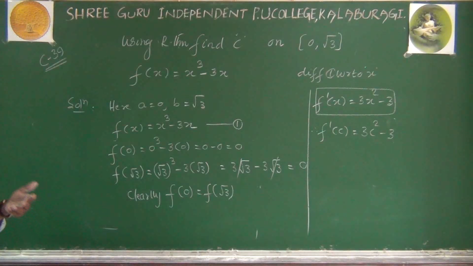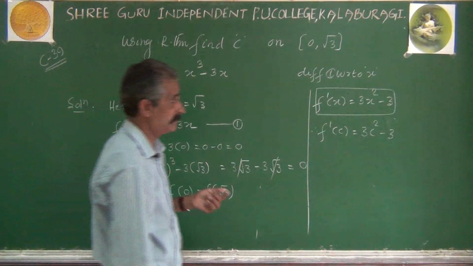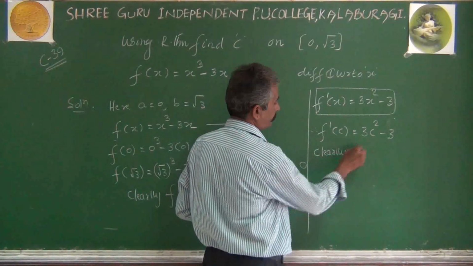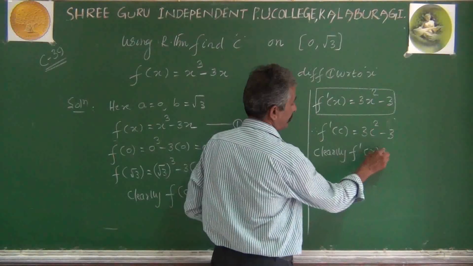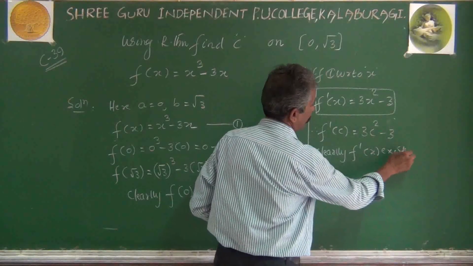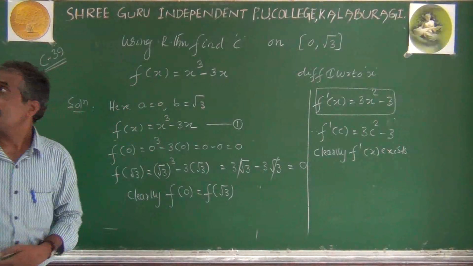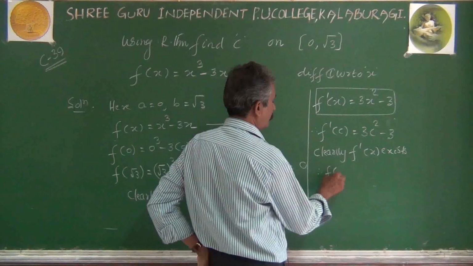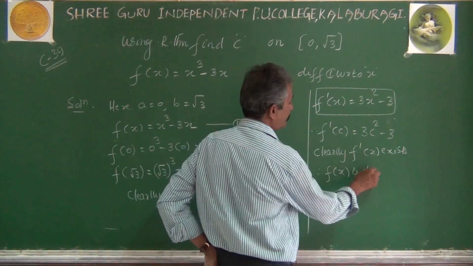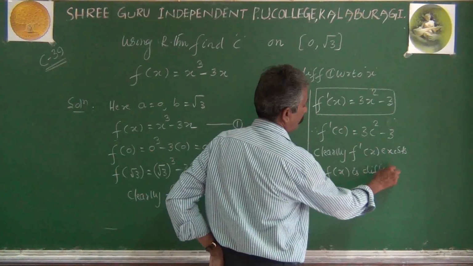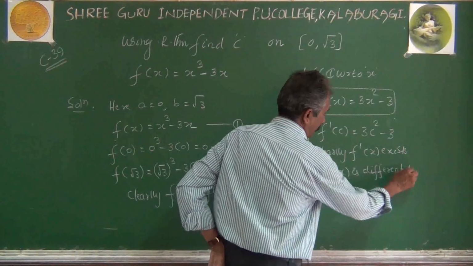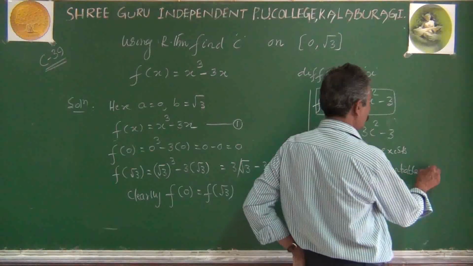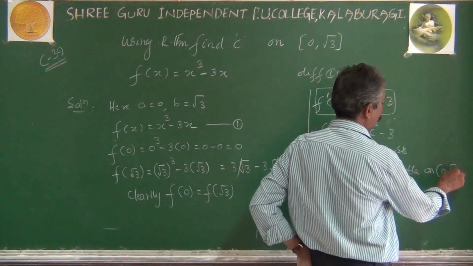So obviously f dash of x exists, which means f of x is differentiable. But use the open interval for the differentiability condition: differentiable on the open interval 0, root 3.